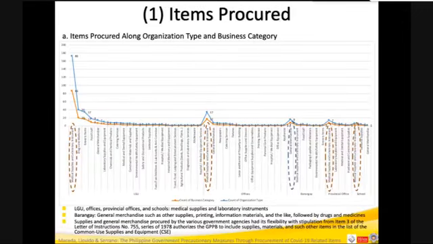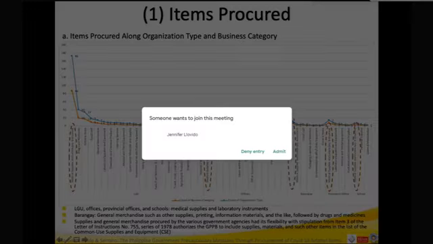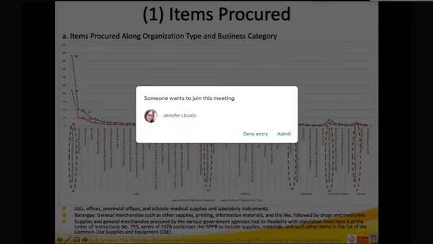Then these are now the results. As to the items procured along organization type and business category, we will notice that we have the LGU, the offices or the public offices, barangay, provincial office, and schools. Most of them, LGU offices, provincial offices, and schools, these are actually on the same color.